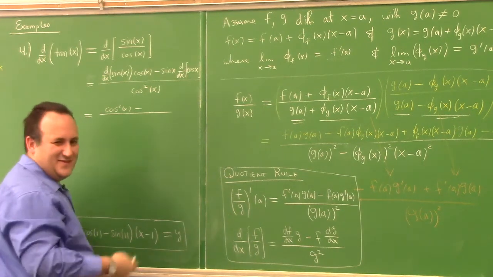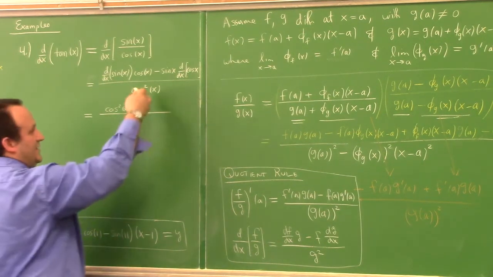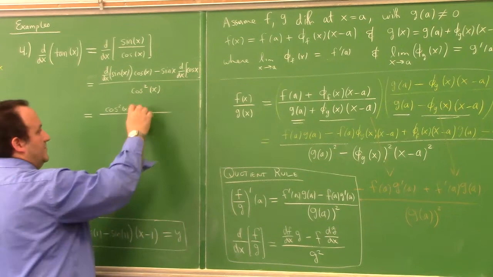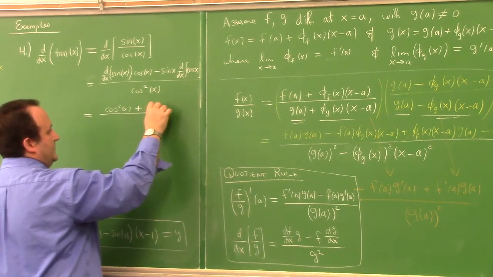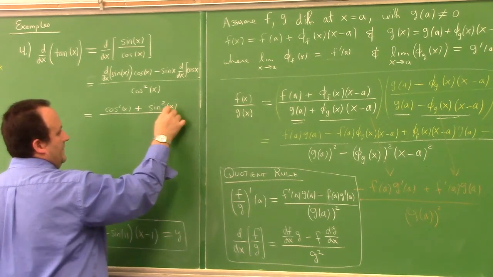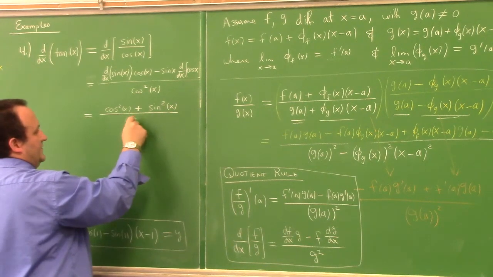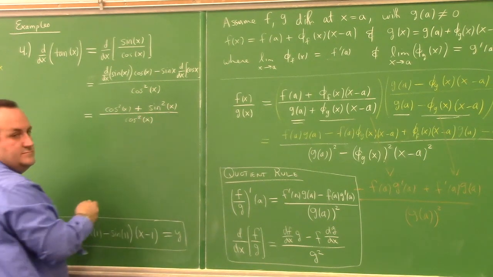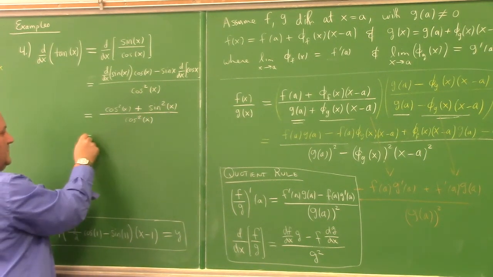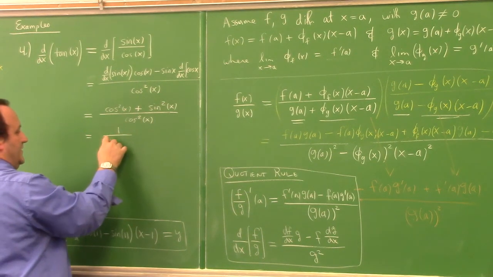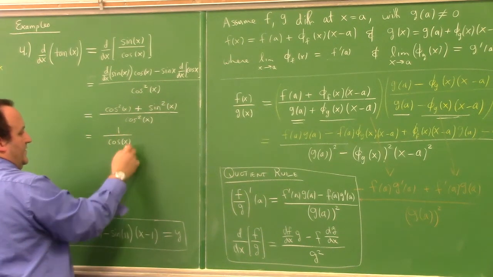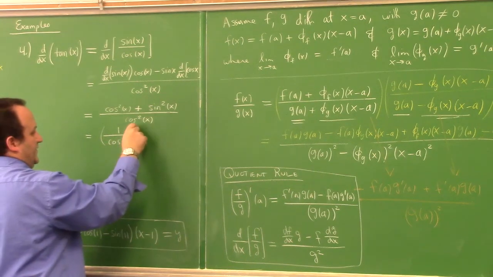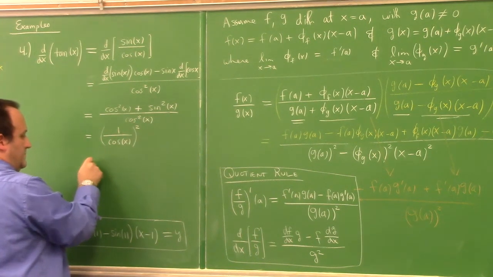I'm an idiot. Derivative of cosine? Negative sine. So minus minus gives me plus sine squared x over cosine squared x. Yeah, we got 1 over cosine of x, and you could write that 1 over cosine of x squared if you like. And what is that?